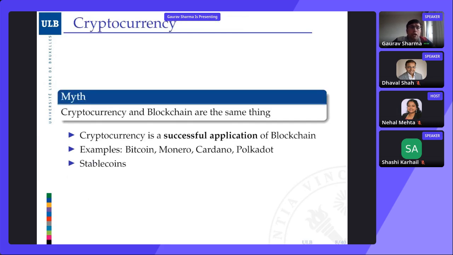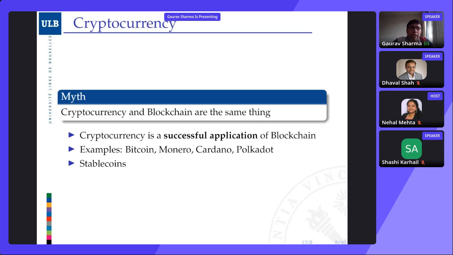Then we will go to cryptocurrency, which many people think is the same thing as blockchain, because everyone saw the same research paper which treated blockchain and cryptocurrency as the same idea altogether. So many people have the same feeling. Actually, cryptocurrency is a successful application of blockchain, and the examples are Bitcoin, Monero, Cardano, and Polkadot.